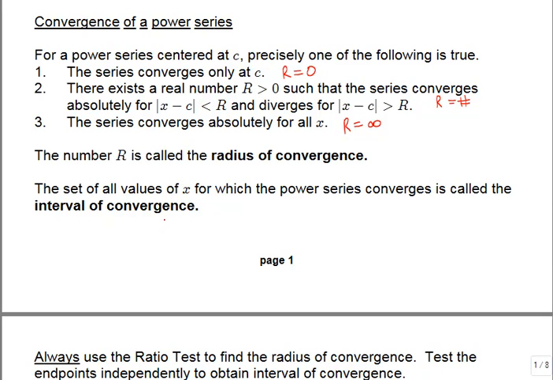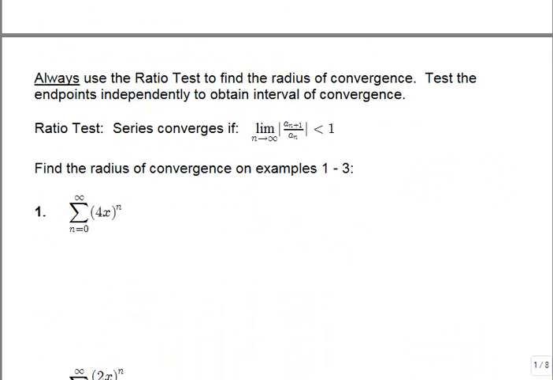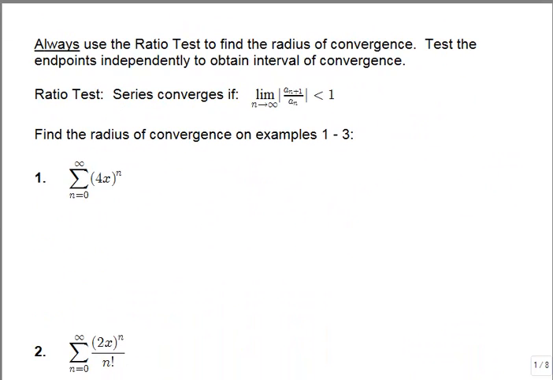So this video lecture is going to focus on finding the radius of convergence and the interval of convergence for different power series. Now when you're trying to find the radius of convergence, you always want to use the ratio test. And if you're trying to find an interval of convergence, after you've found this radius, what you're going to do is check your endpoints independently to determine your interval of convergence.